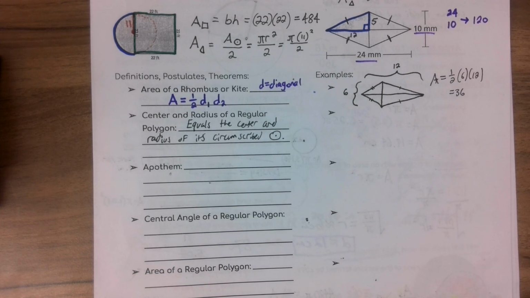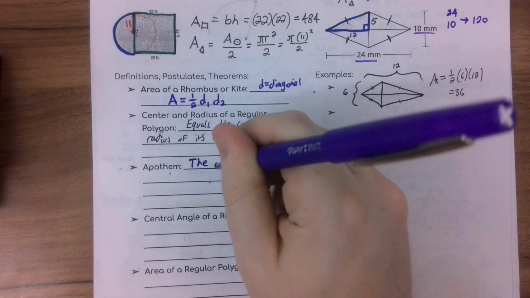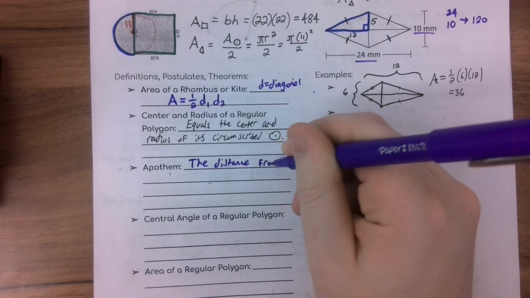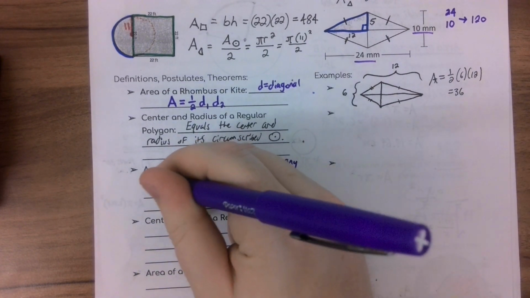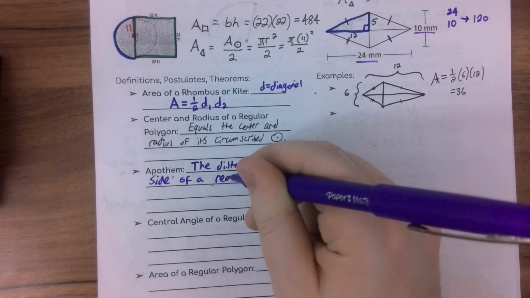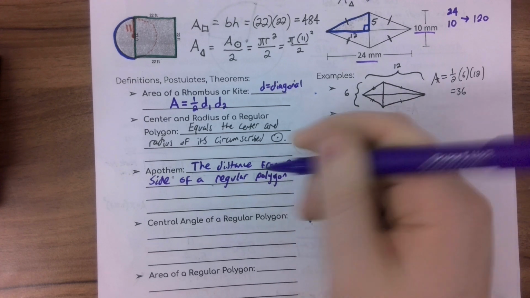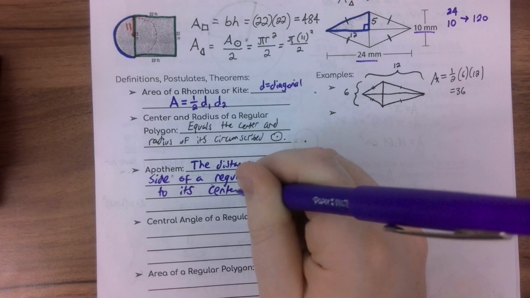The apothem of a regular polygon is the distance from any side of a regular polygon to its center.